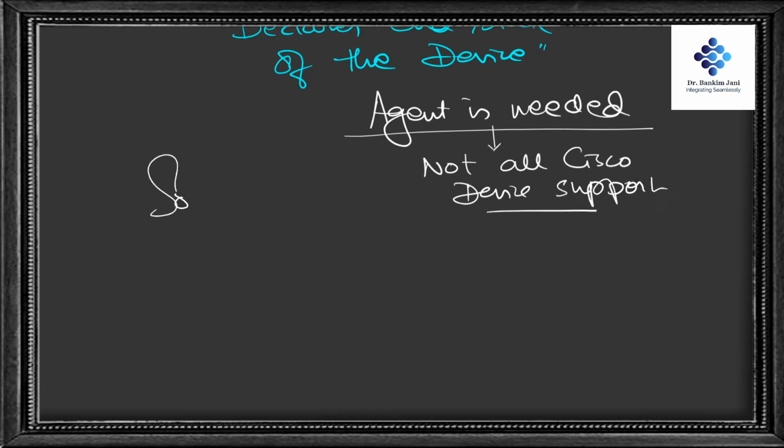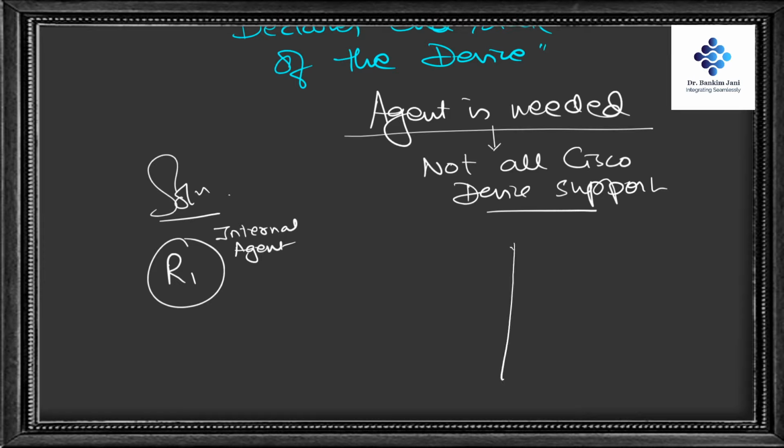Now the solution is, let's say this is our router 1, and there are some Cisco devices which have an internal agent. In such a case, there is no problem.